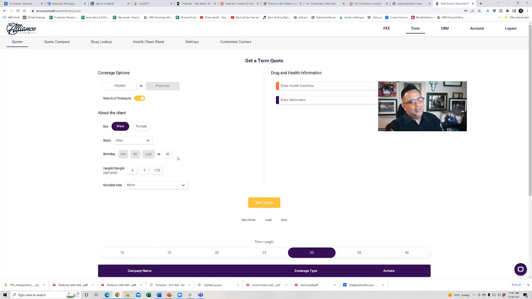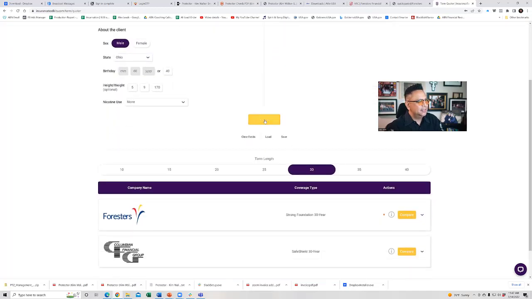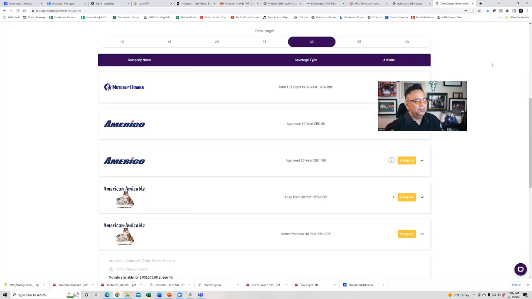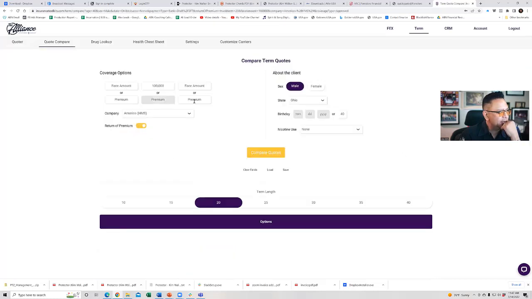Now, he's younger, so we may not be able to get there, but let's just take a look at who will do ROP. Oh, wow. Okay. So America will do 100% return of premium. So let's take a look at what their scenario is. It's $100,000 return of premium.